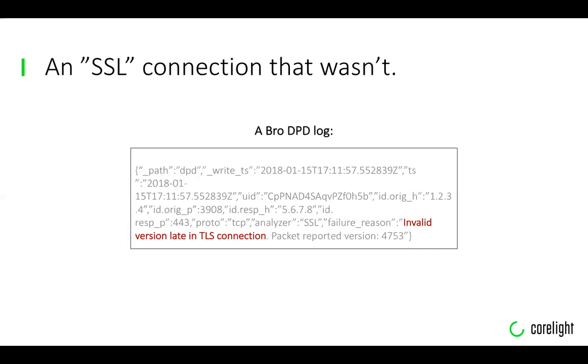It was an attacker trying to communicate back to their command and control center, trying to hide in an alleged SSL connection. Of course, the error message you see there, invalid version late TLS connection, is what Bro triggered on to understand, you know what, this is not actually an SSL connection. And in this case, this was actually a real threat that was uncovered because of this log. So a real use case.